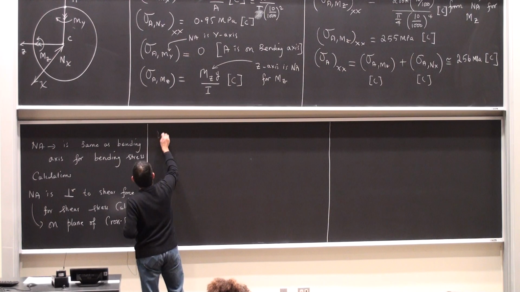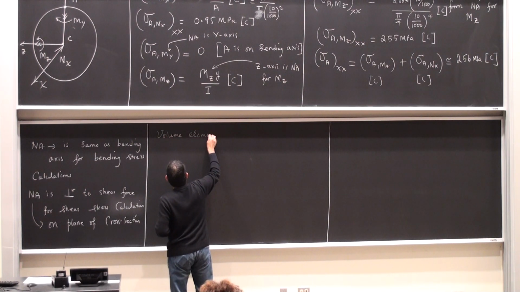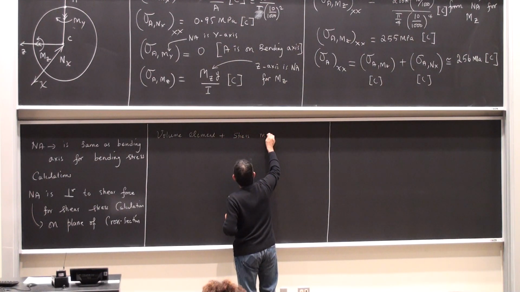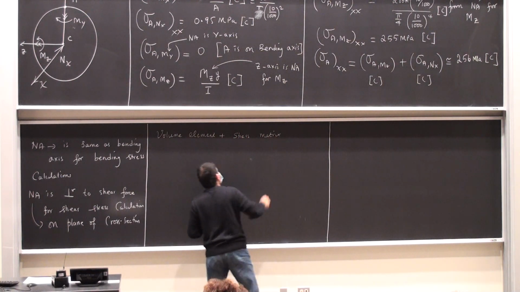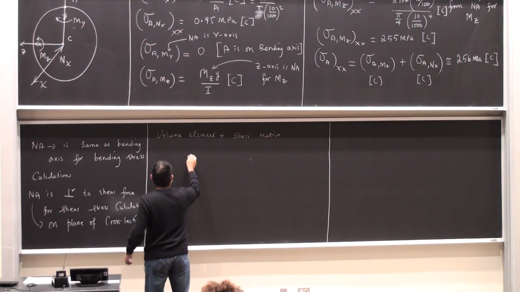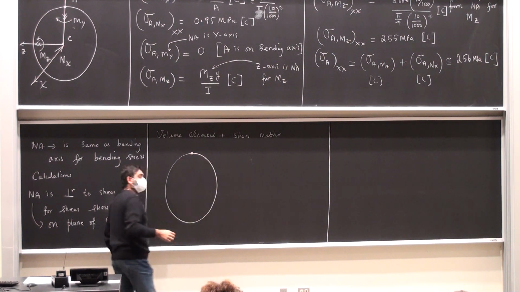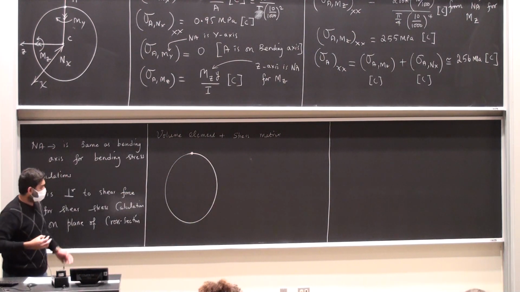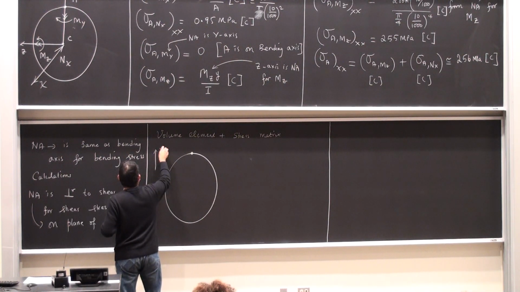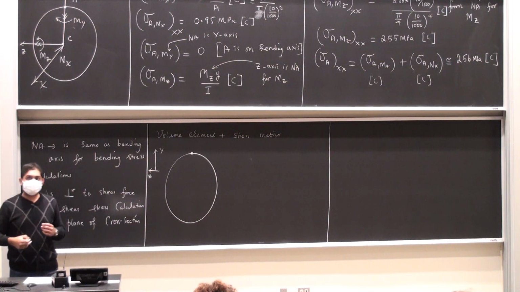So volume element and stress matrix. Cross section, point A. I have an axis system: y-axis and z-axis pointing to the left.